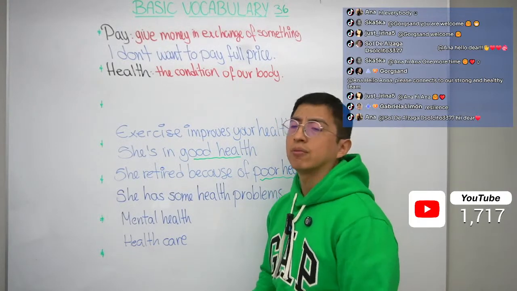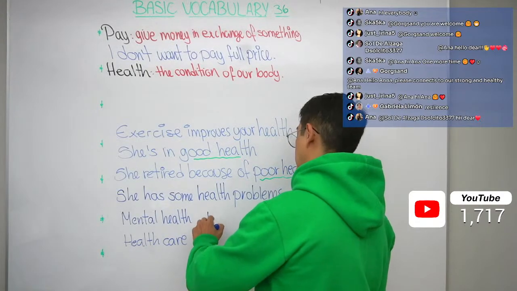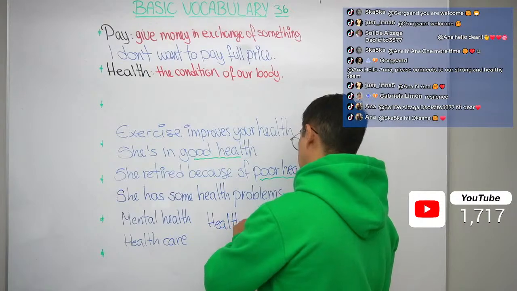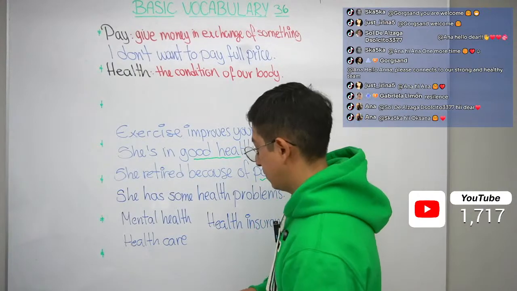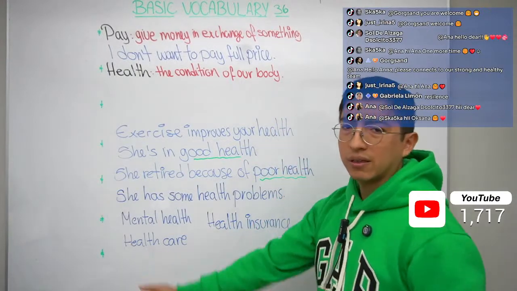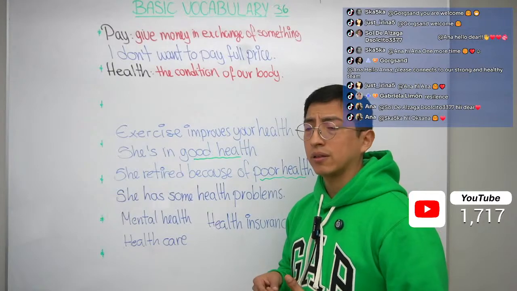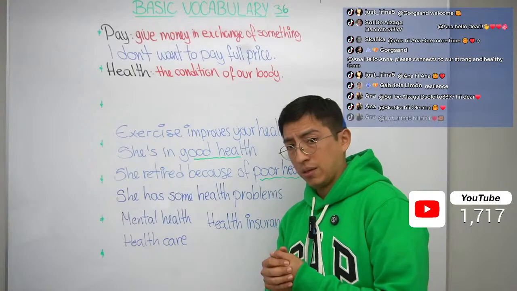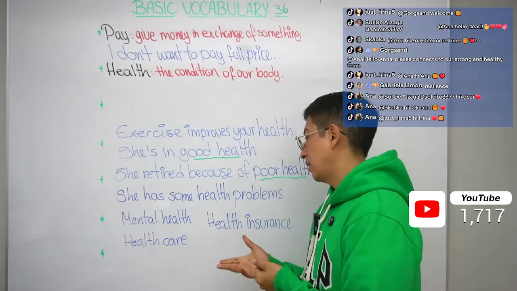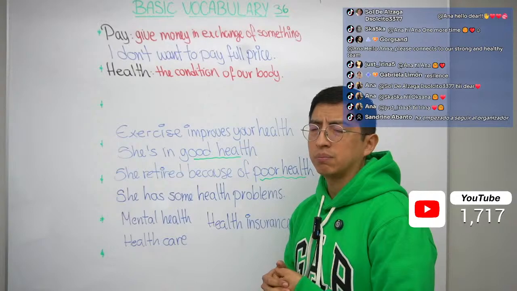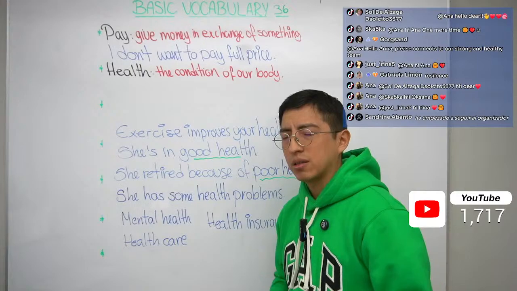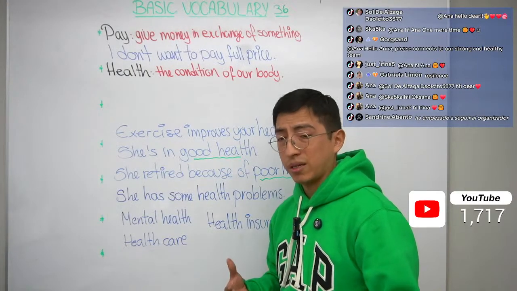What else do we have? We can talk about health insurance. Okay, health insurance. Yeah. We can say that this is something that helps us, especially when we get sick, right? We pay health insurance because it could be part of our work, right?